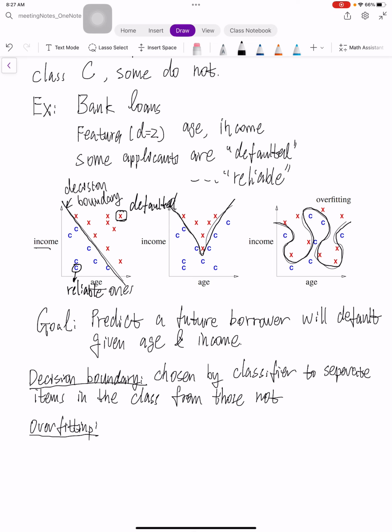Overfitting happens when the decision boundary fits the sample points too well, so that it doesn't classify future points.